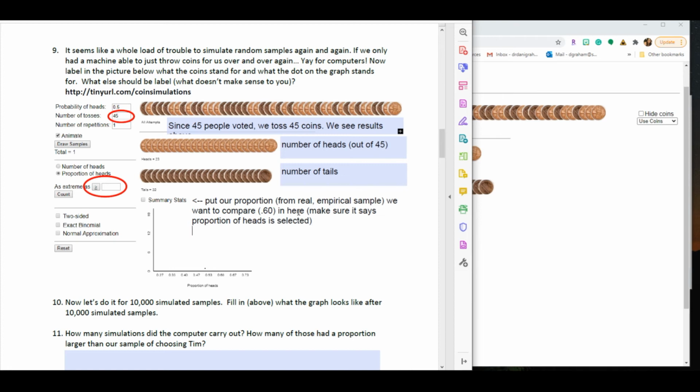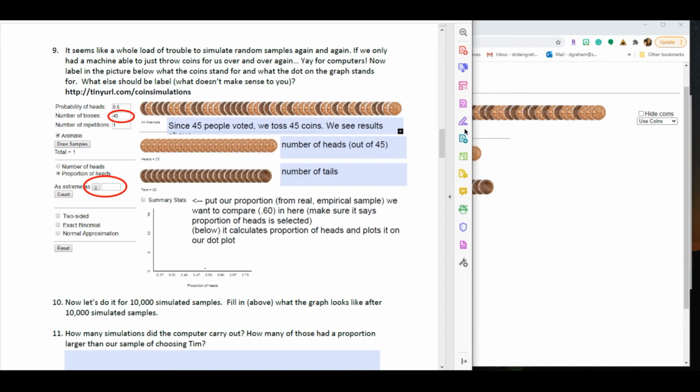And down below, it calculates proportion of heads and plots it on our dot plot.